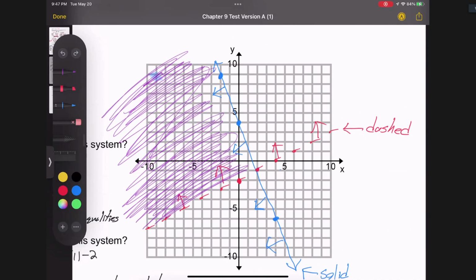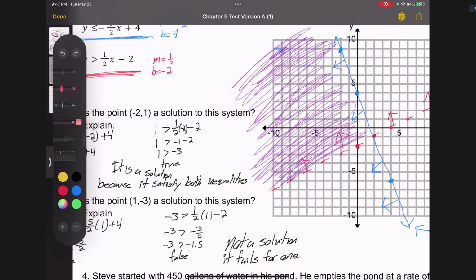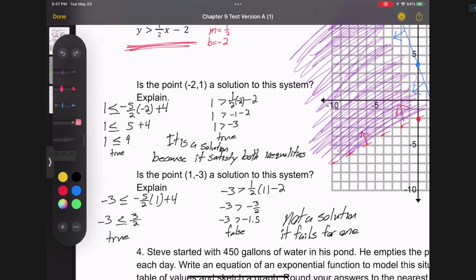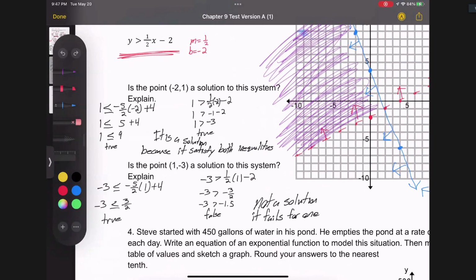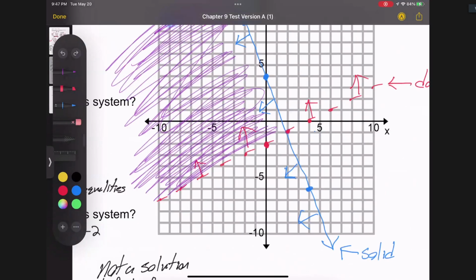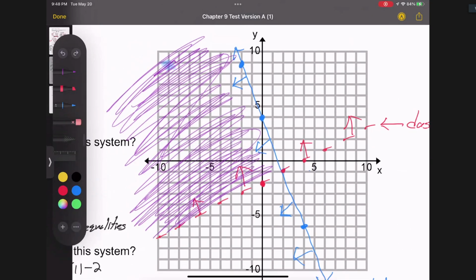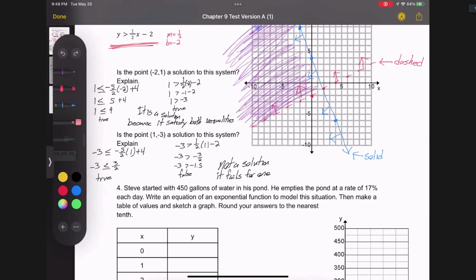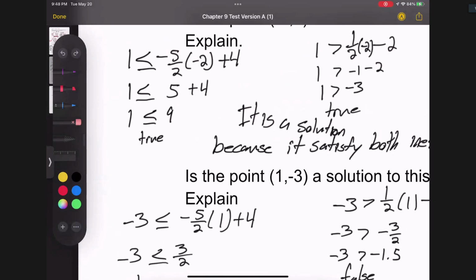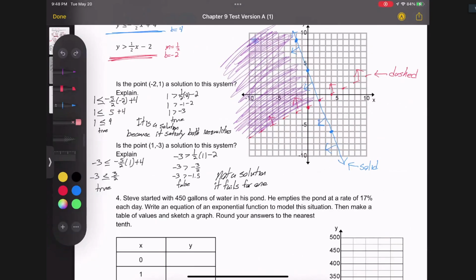Now, I mentioned that there was another way to actually get this solution. Since I said that this purple section is the only part that is a solution, instead of just plugging the values in, I could just see if the point is in the region or not in the region. That was also a valid argument that you were able to make.